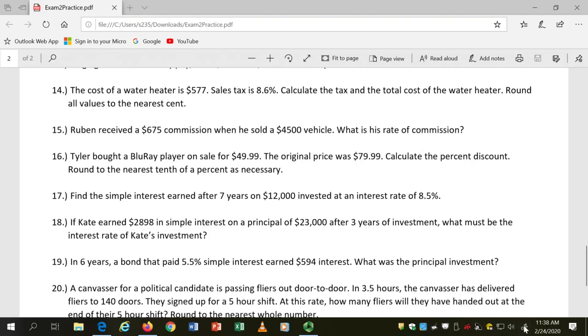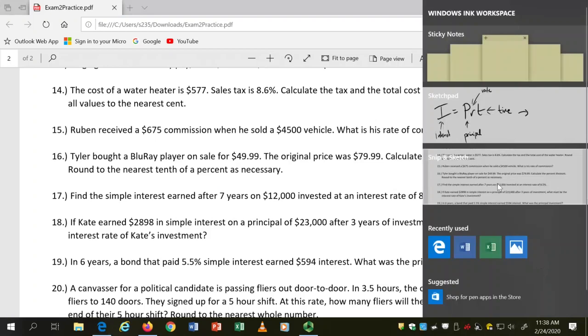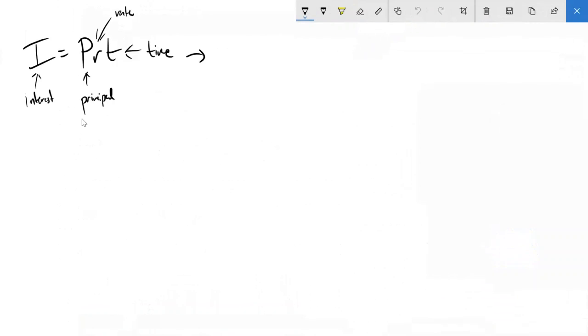So the interest: your principal was the 12,000, your rate was the 8.5%, which always goes in decimal form, and your time was the years, which would be 7. Then you just multiply those together. I don't know what it comes out to be, but we can figure it out. What's that? 7140? Yeah.